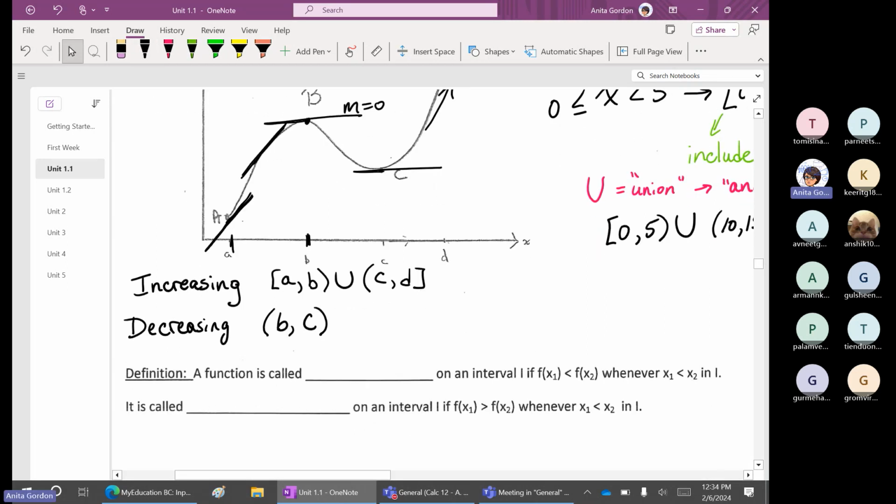Okay, so a function is called increasing when a consecutive x value is bigger than the initial value. So the value B is at a higher point than the value A, and B is consecutive to A, so it is increasing. And decreasing where the function value is lower than a consecutive or than the previous point.